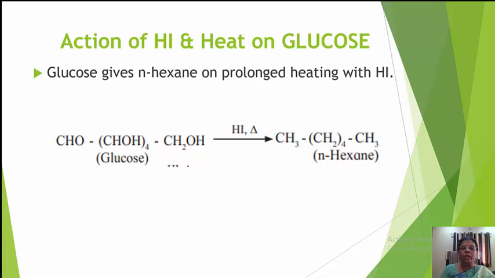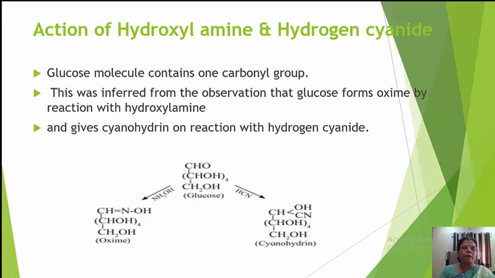That is, glucose undergoes reduction to give n-hexane, CH3, (CH2)4, CH3. From this reaction we can say that in glucose all 6 carbon atoms are in a straight chain.